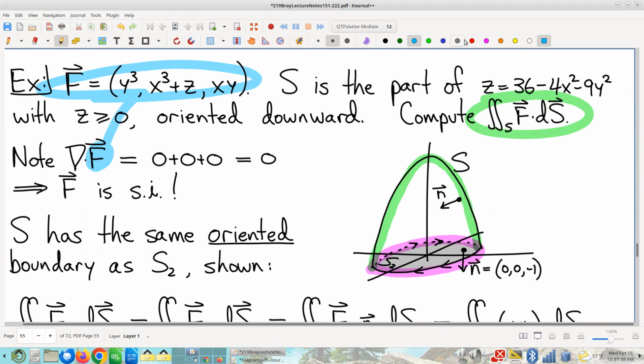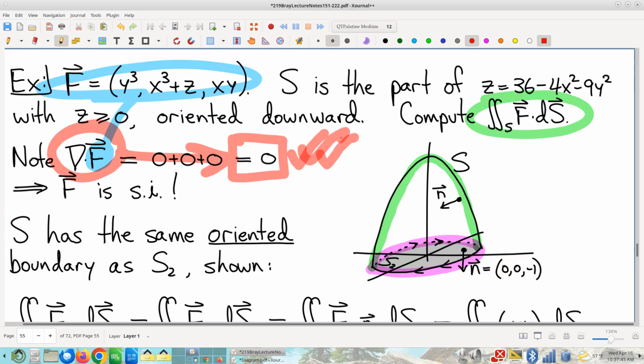Let's compute the divergence. And sure enough, we get 0. And that means that our vector field is surface independent. That's a huge win. That means we've got all kinds of options for how to rephrase this question. All thanks to one teeny weeny little calculation. How we doing? Everybody see that?